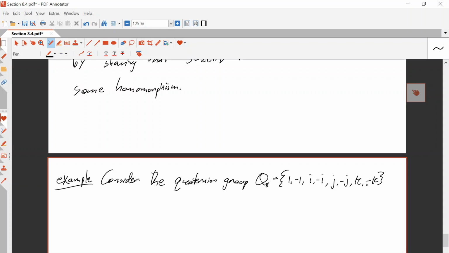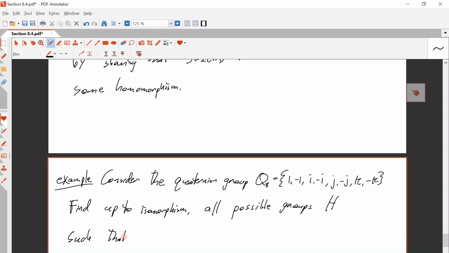Find, up to isomorphism, all possible groups H such that there is a surjective homomorphism F from Q8 to H.